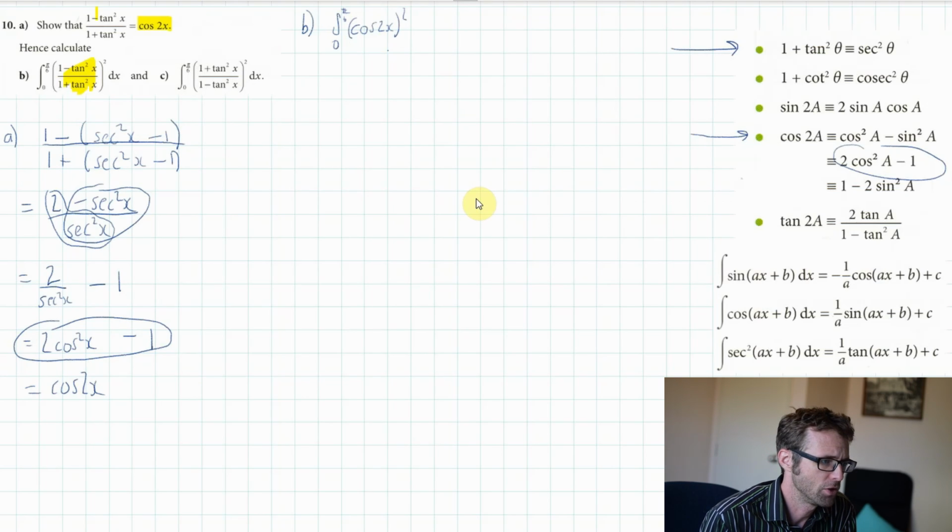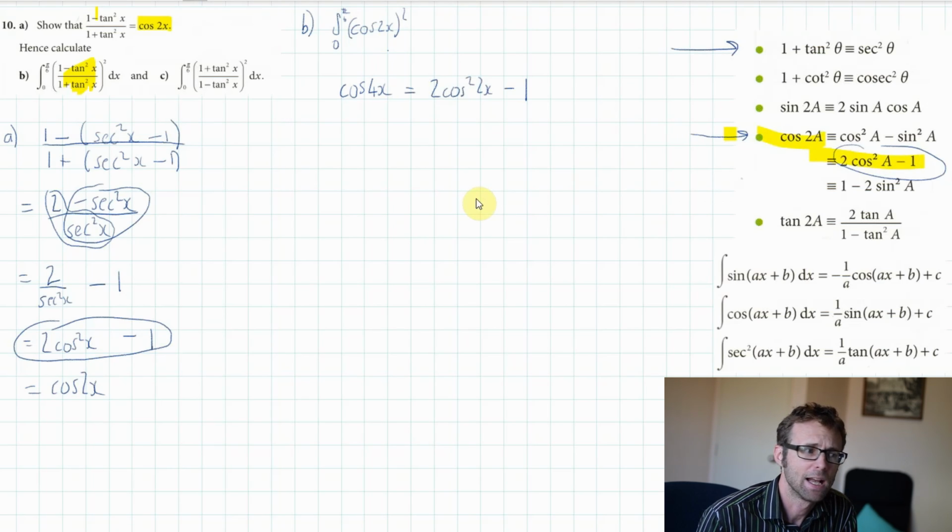Now I'm going to use the cosine 2a rule here. So I'm going to say cosine 4x is equal to 2 cosine squared 2x minus 1. I'm basically using this rule here, but instead of a, I'm using the 2x that I've got here.